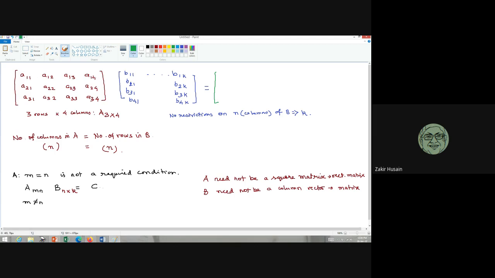Now I'm multiplying this by this. So I'm getting one component. I'm multiplying this by this. This is the second component. This by this, this is the third. Can I have any component over here? No. So that means I can have only 3 rows.